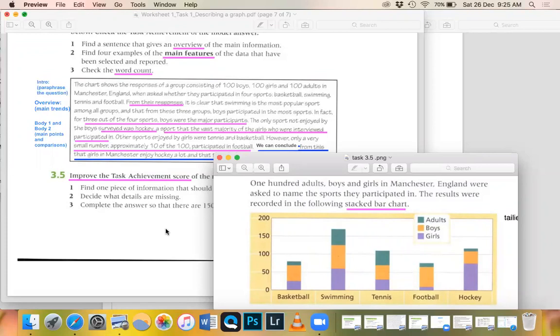Okay, can anyone else see what information is missing? Look at the graph. They mention 5 different sports and then they talk about 3 different groups. So what information is missing here?